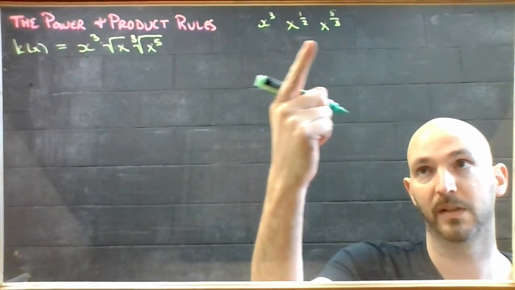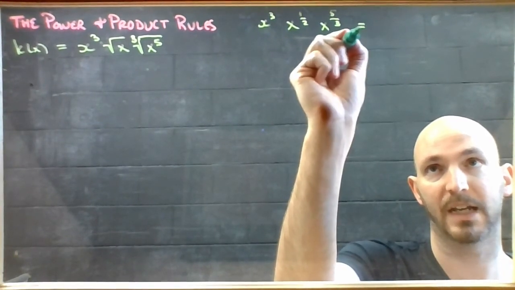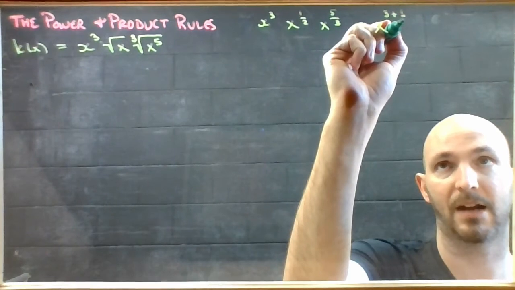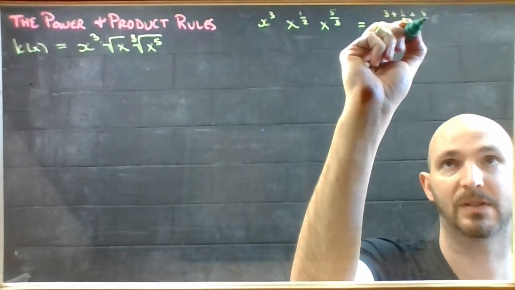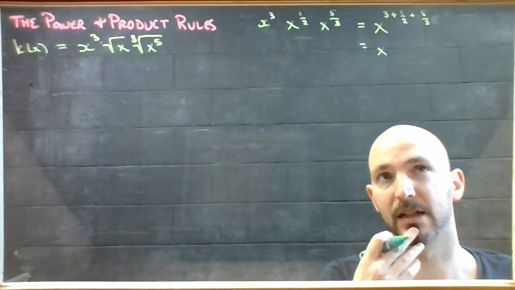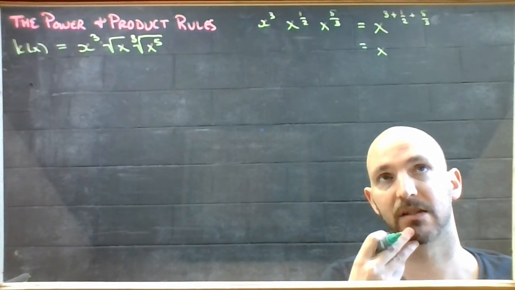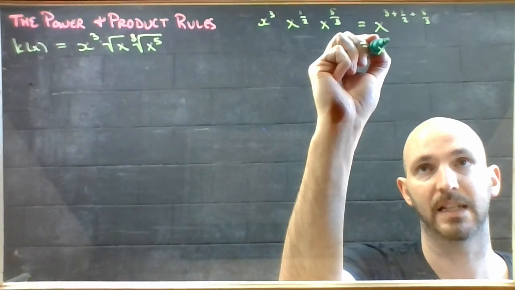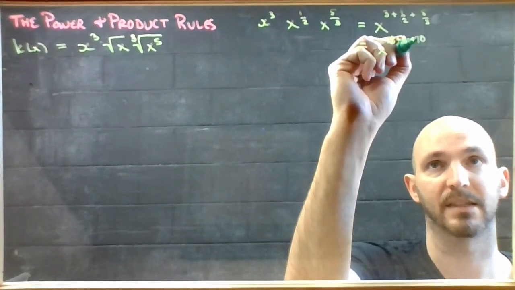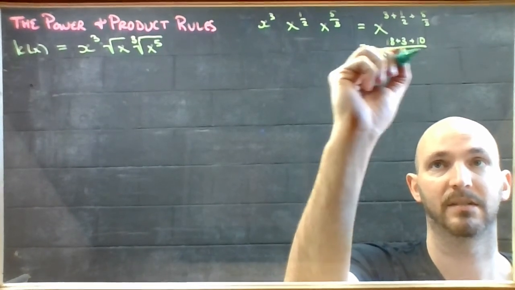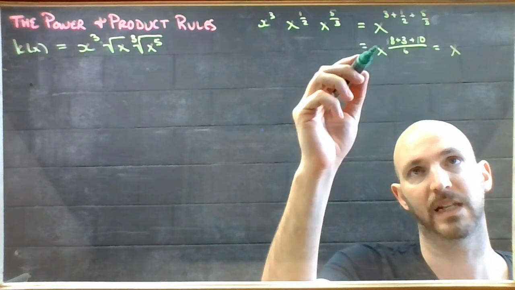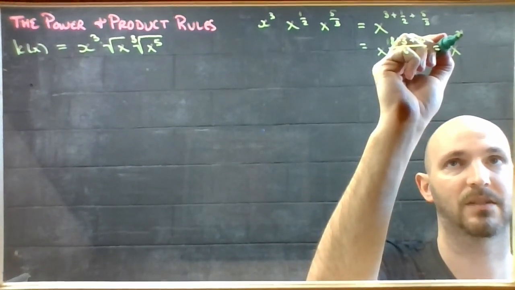So exponent laws say I could do that as x to the 3 plus 1/2 plus 5/3. I can get this in a common denominator with sixths. So that's 18/6 plus 3/6 plus 10/6, which is x to the 31 over 6.